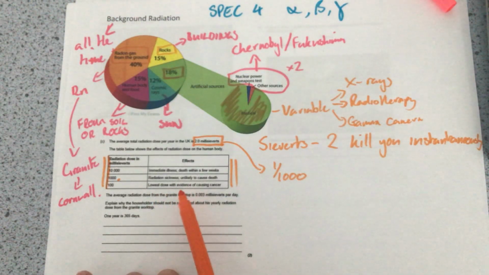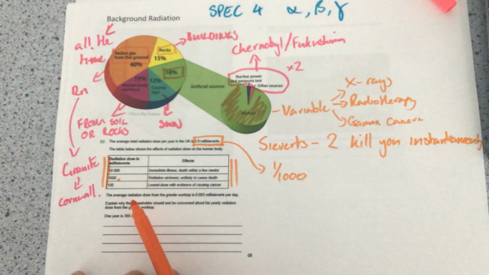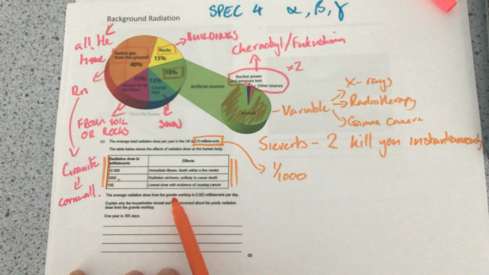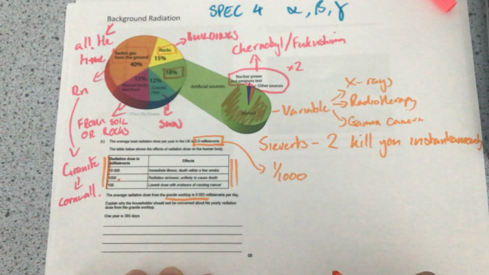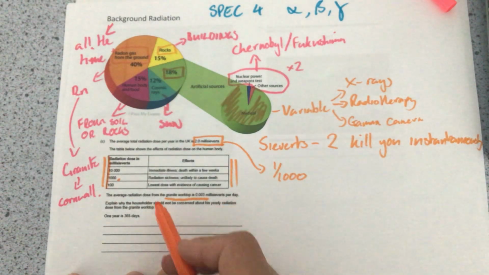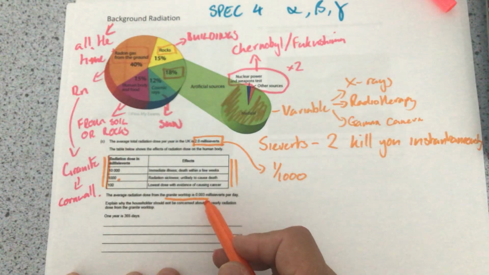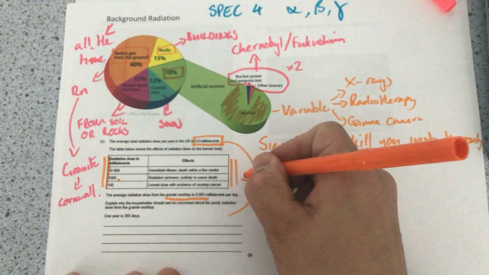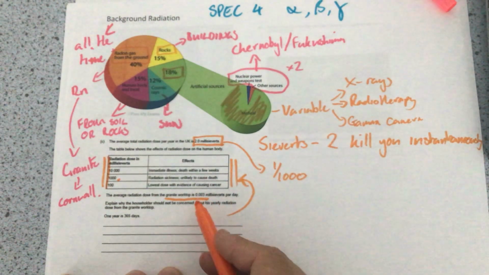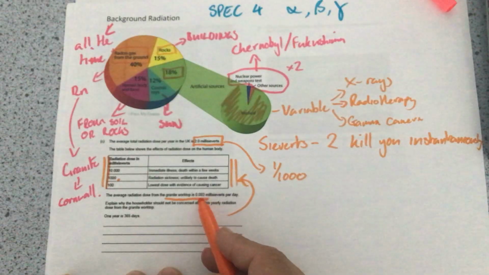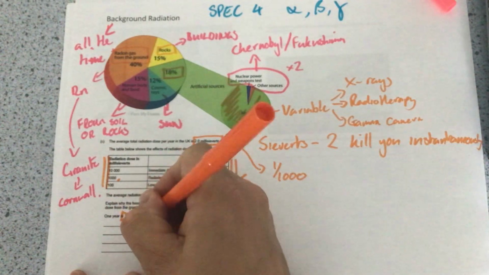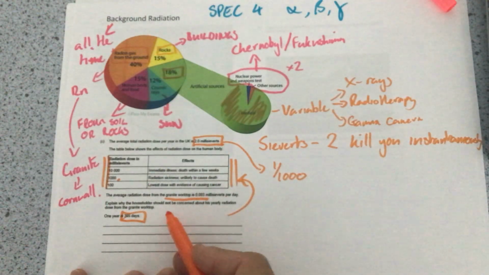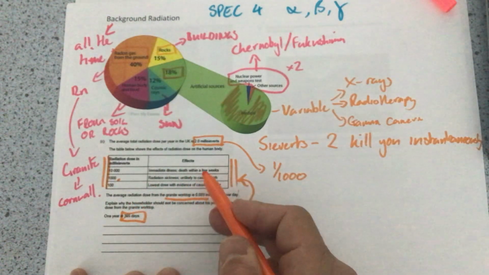And you'll get questions where you have to interpret the amount of radiation produced by something. So we've got a granite worktop producing 0.003 millisieverts per day, and we have to equate the amount of radiation produced by that to a risk here. So we would look at 0.003, multiply it by 365 days in a year, and look at where it fell.